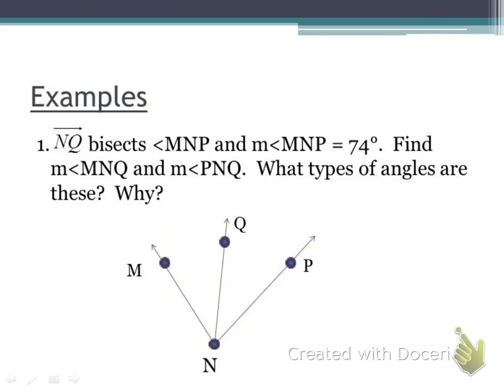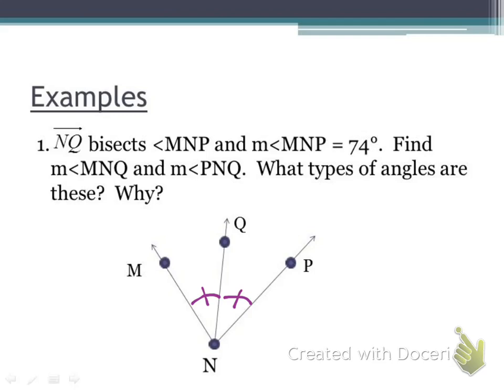So the question says that NQ, ray NQ, bisects the angle MNP. So I am going to show that that's a bisector by marking these as congruent angles. So I'll mark them like that.